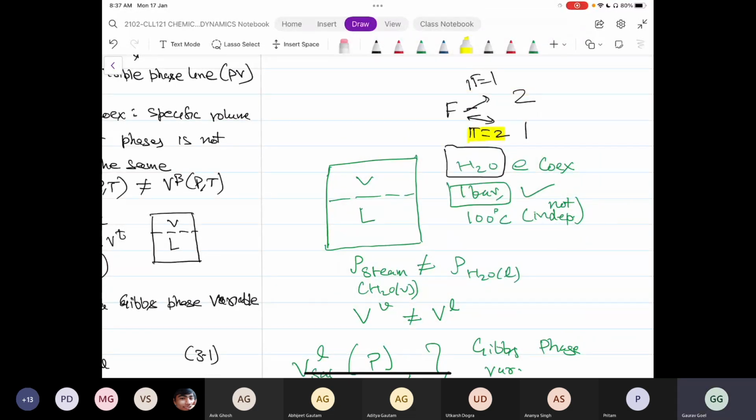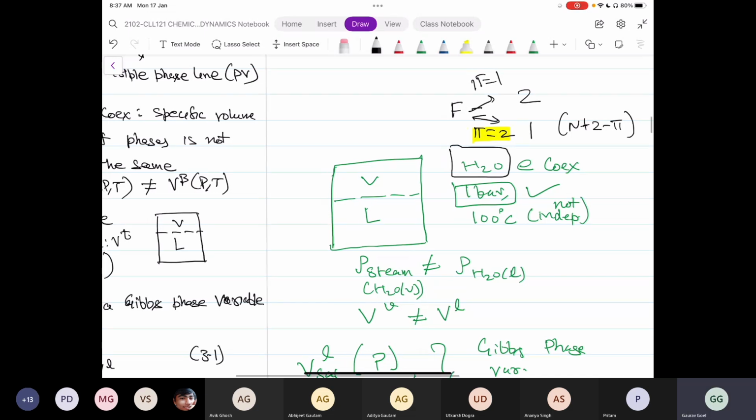Pi is equal to 2 for a pure species. Sir, but pi equal to 2 is when liquid and vapor coexist. But we are taking VL sat, which means there is only liquid, but in a saturated state. So isn't it? That's a good question. Yes.